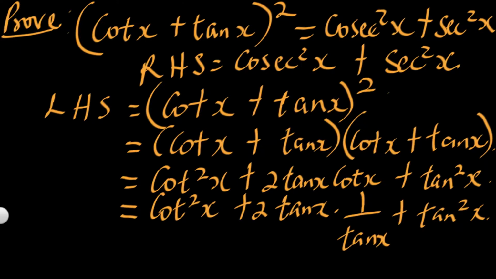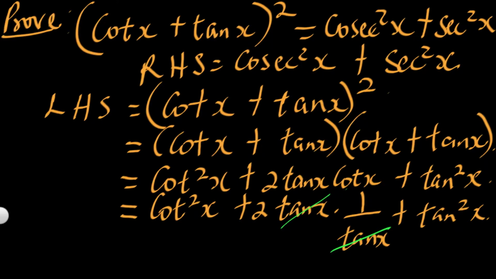If you look here, I am trying to simplify my left hand side, which means the middle term is now essentially just a 2. I can take out the tan x and the tan x, they're cancelling each other. I have a 2 in the middle term.